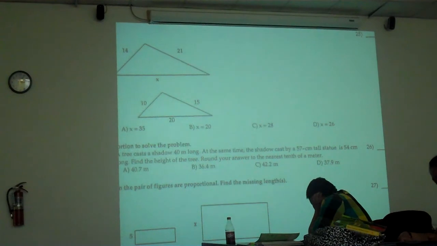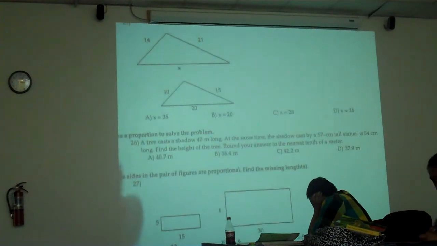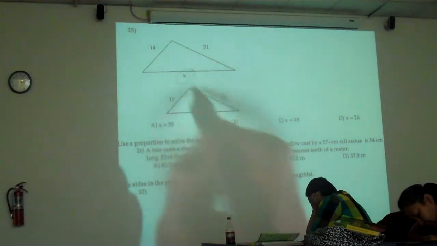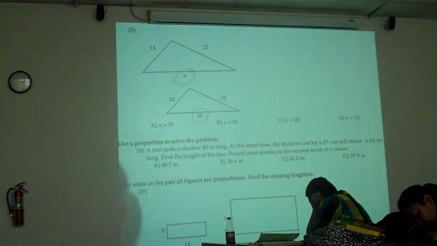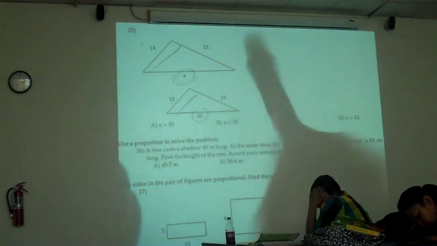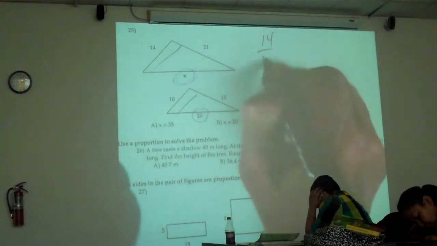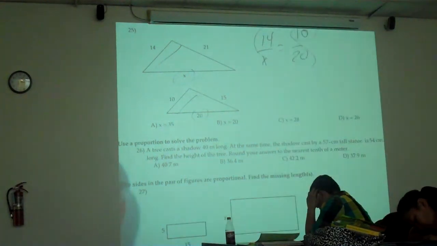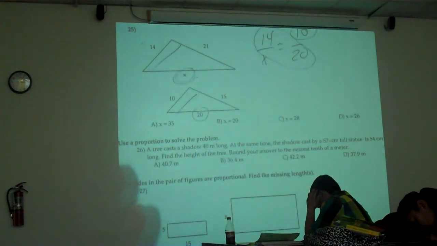Okay, these are already in the same direction, so no flipping. We need to find X, so we know we're going to use X and 20. 14 over X equals 10 over 20. So what do you get, 28? 14 times 20 divided by 10.